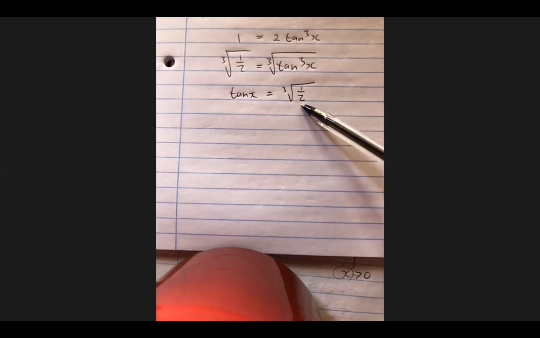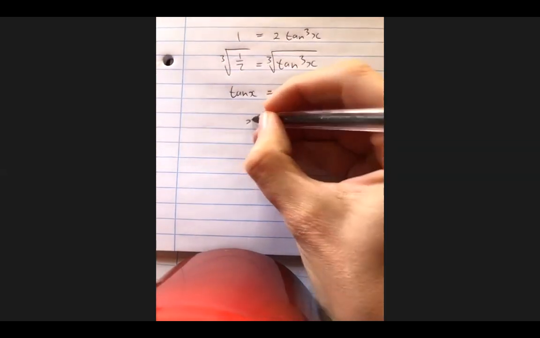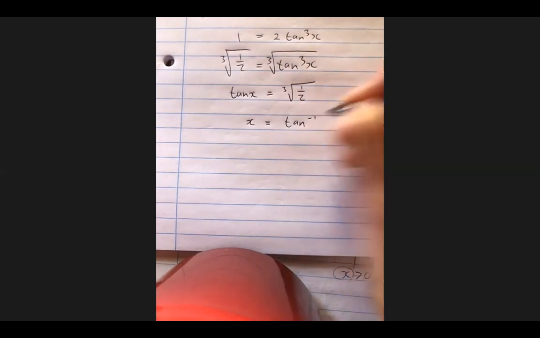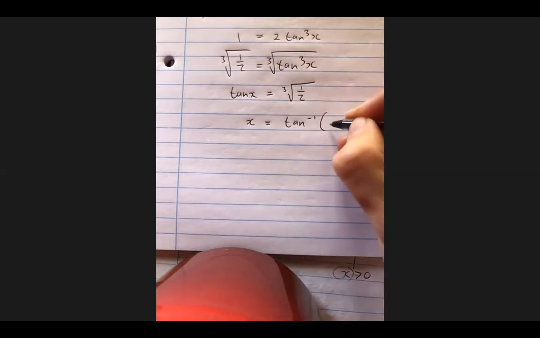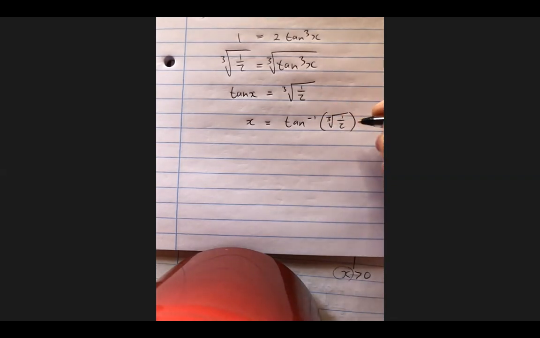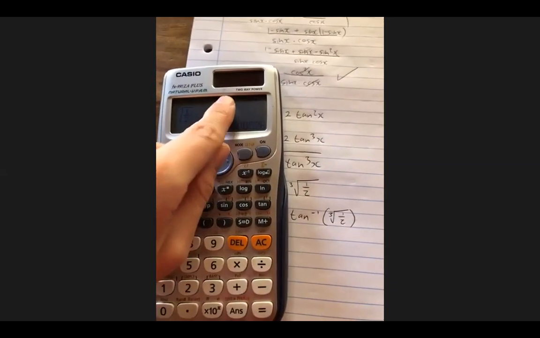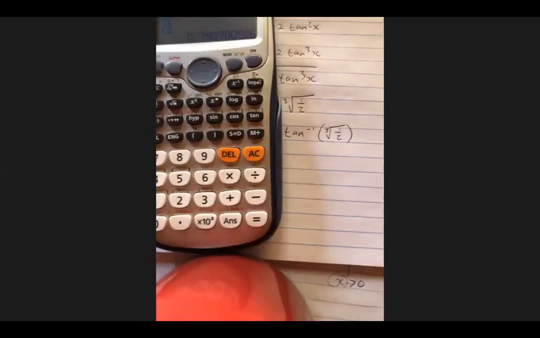If you want to get x though, the angle x, you'll have to technically divide by tan. But we don't say divide by tan. The fancy name is called arctan. We arctan this side. So what I'm going to do on the calculator, just make sure that you are in degrees. That means it needs to be a little d at the top. Just check that you have a d and not an r on your calculator.